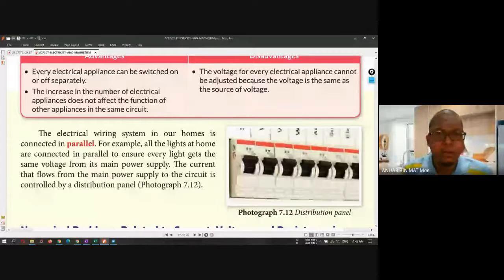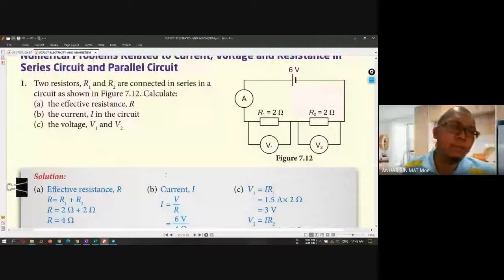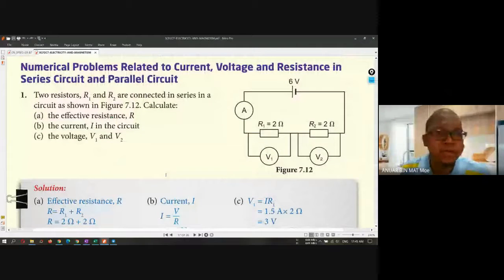Okay, numerical problems related to the current, voltage and resistance in series circuit and parallel circuit. I think later on I will give you some sample exercises for you to calculate the current, the voltage and the resistance in both series and parallel circuit. How about your workbook?